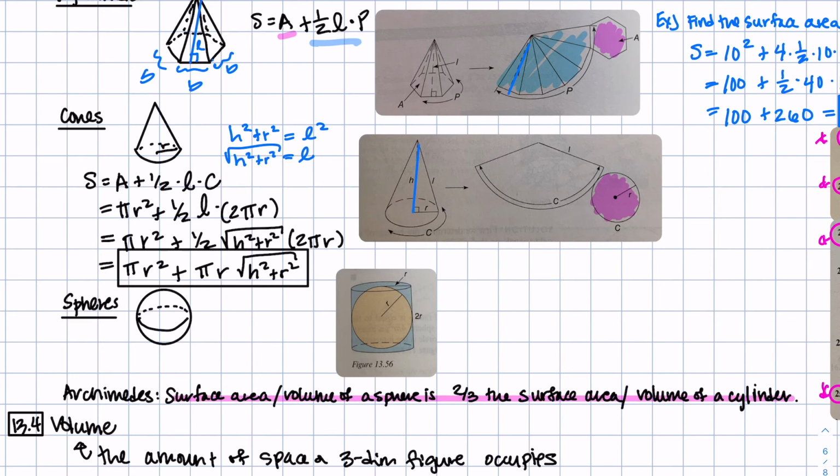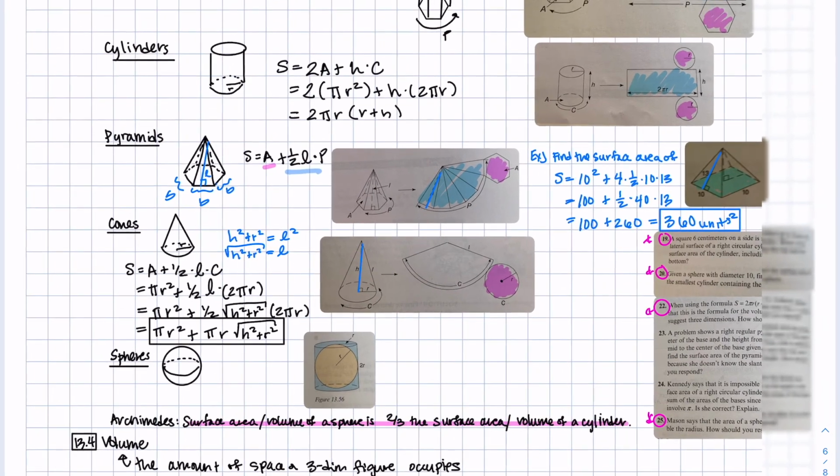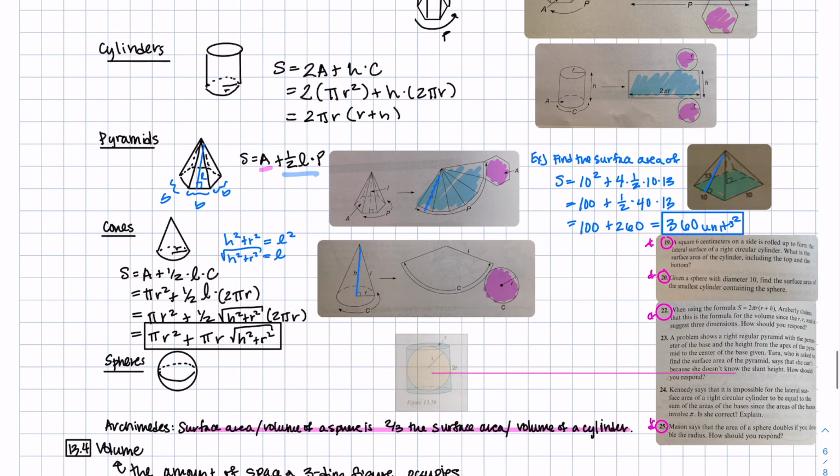And we already know the surface area of my cylinder, we said above, is 2 pi r times r plus h.